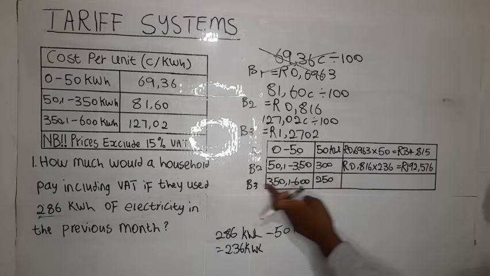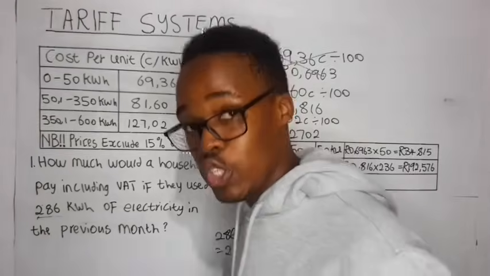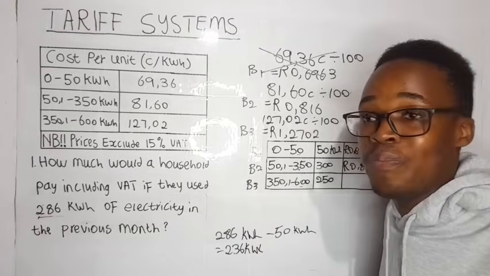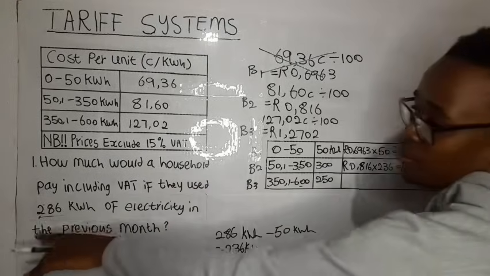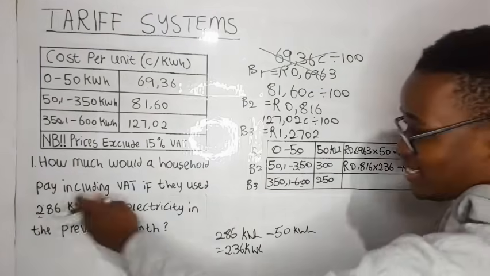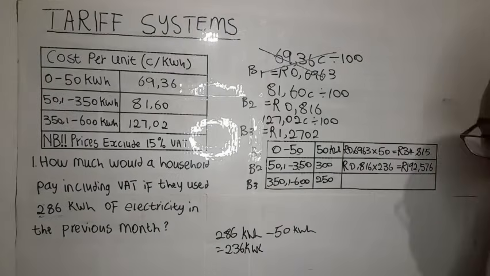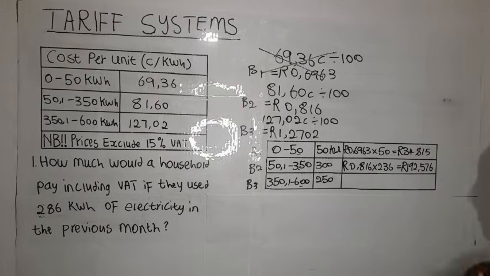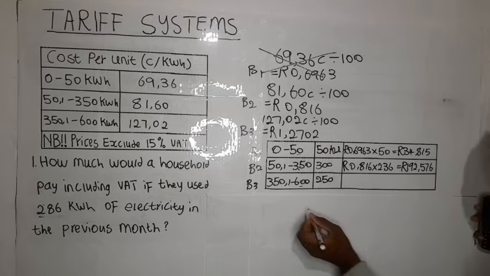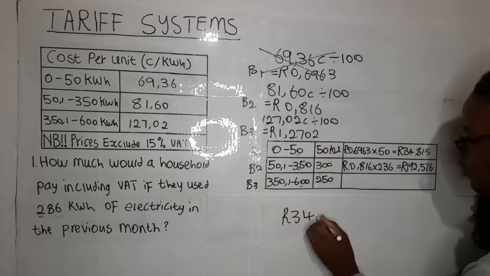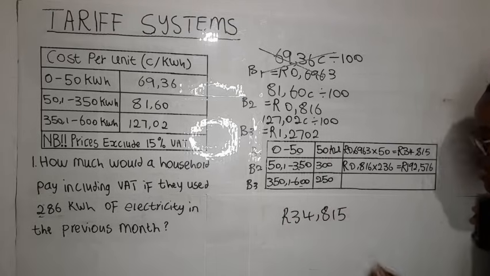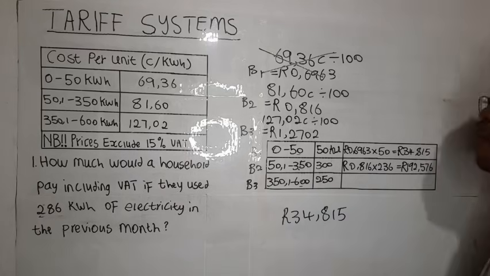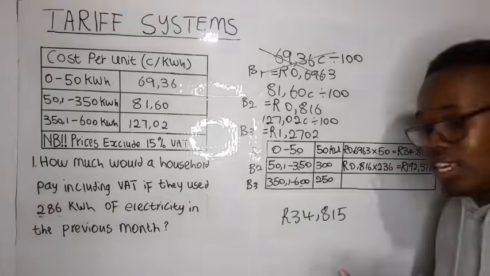So this block, you're not going to use it. Why are we not going to use it? Because we are out of kilowatts to determine the price for. We've already determined the price for the amount that we've been given, which is 286. So now what you have to do is add these amounts together. Remember, this amount, 34 rand 815 cents, is the amount that they charged this household for the first kilowatts of electricity they used.